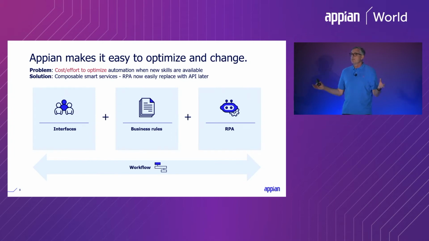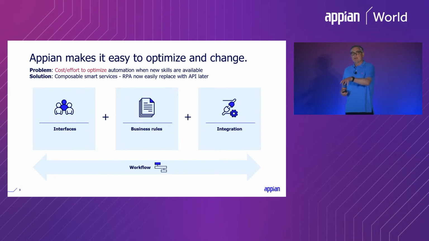Use all the capabilities of Appian that are there. Use the data structures, use variables in such a way that you've basically compartmentalized or you've set up a composable process where that RPA is just going to the website with the data that you pass to it, doing its work, finishing up. And then later, when you have an API, you now go ahead and build an integration for that API.